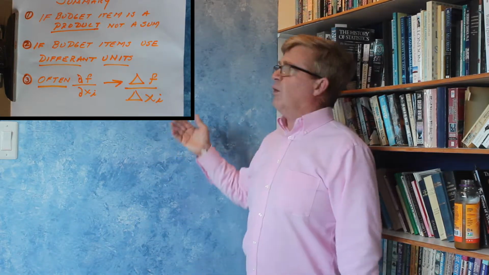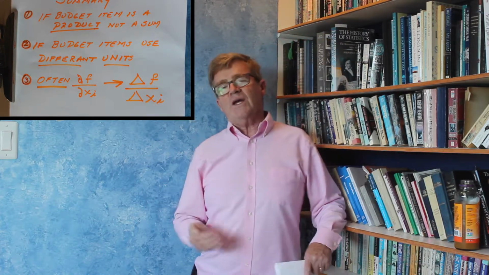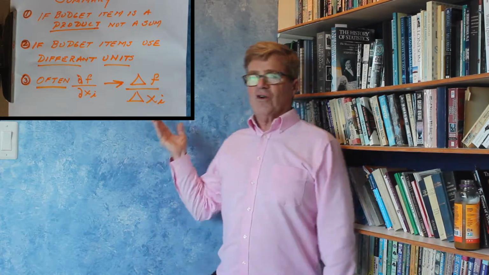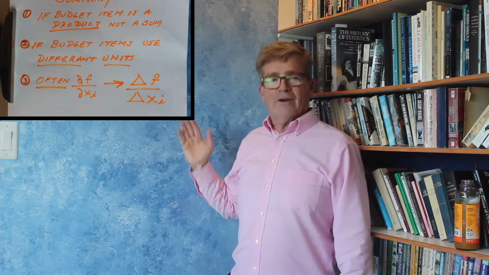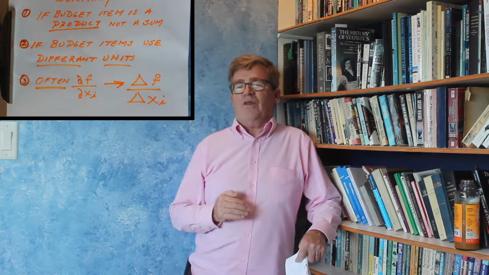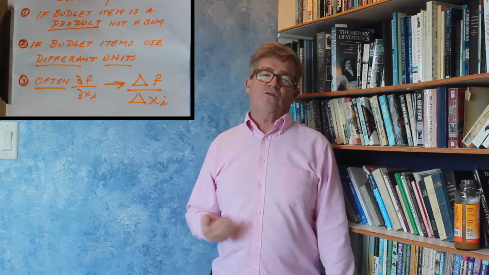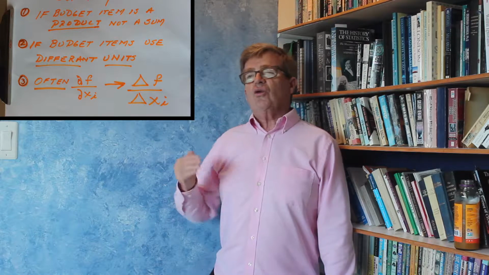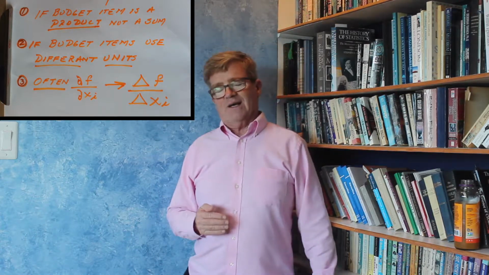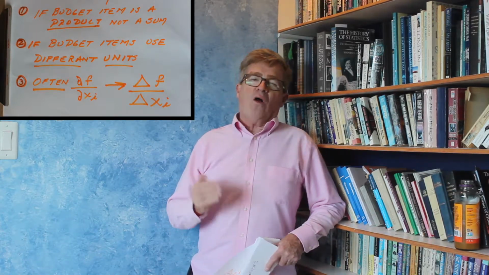If you ever get to the point where you're starting to line up your budget items and you see different units, you need a sensitivity coefficient to convert one way or the other. We saw how easy it is to do, so I recommend you do it. Perhaps the most important thing we've seen is that for most cases, when you do have to do sensitivity coefficients, you can do a very simple algebraic expression using delta instead of using the partial derivatives. This is true in almost all cases.